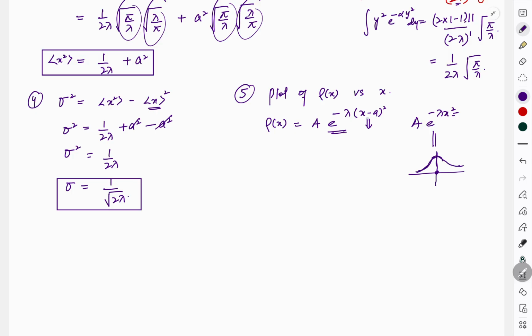Okay, but since it is x minus a, so its peak is at x equals a. Let me write it a bit clean. Okay, so here is x equals 0, here is x equals a, so it's centered at this a, and let's say this is the peak value, so it will go like this.